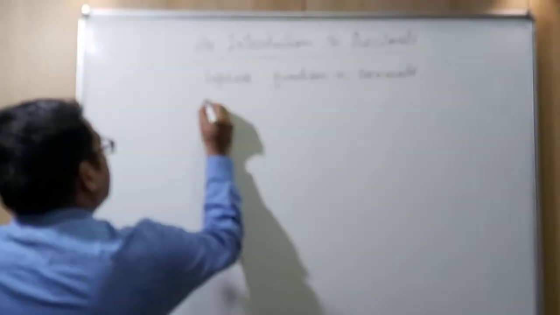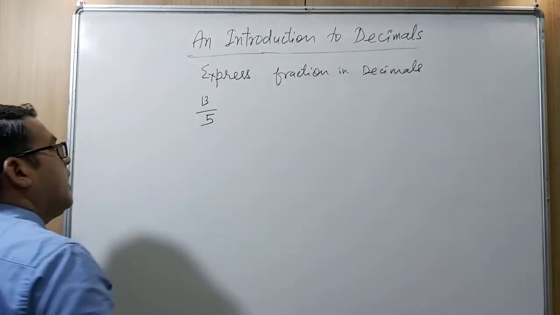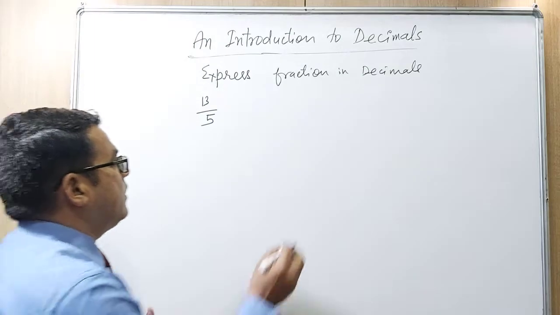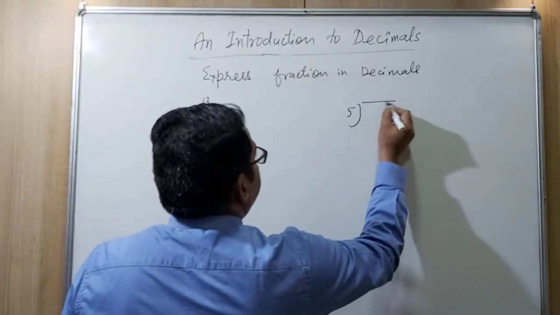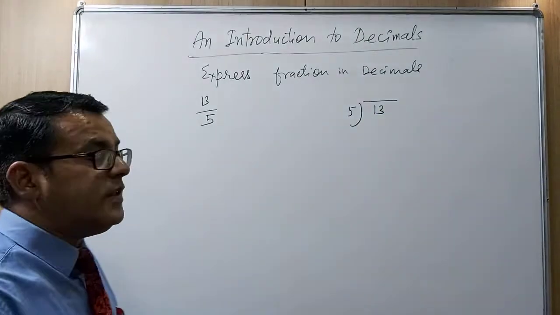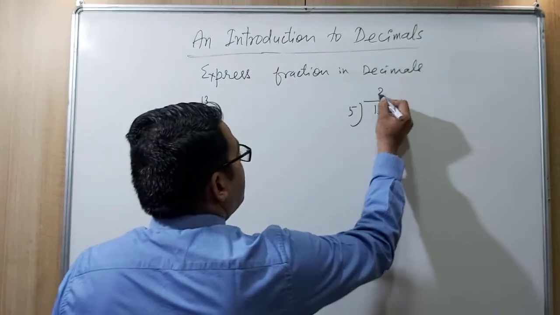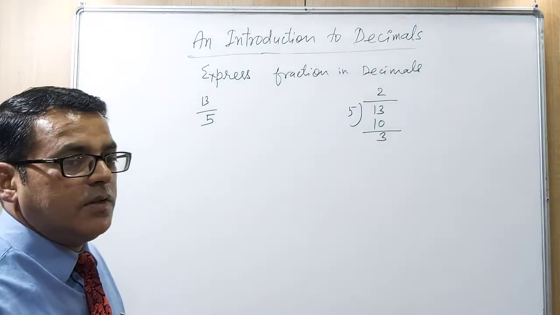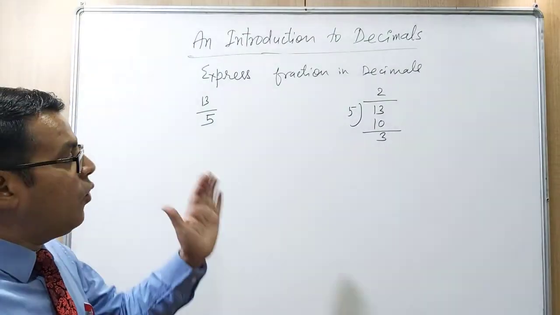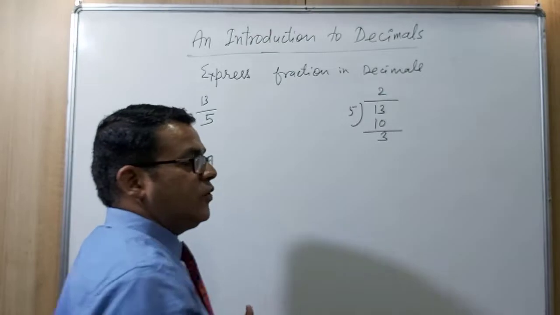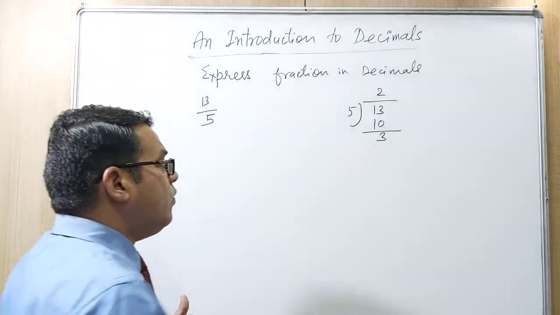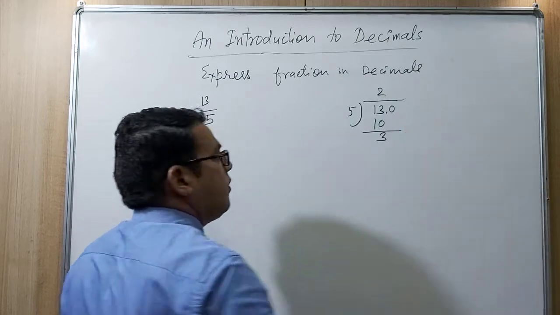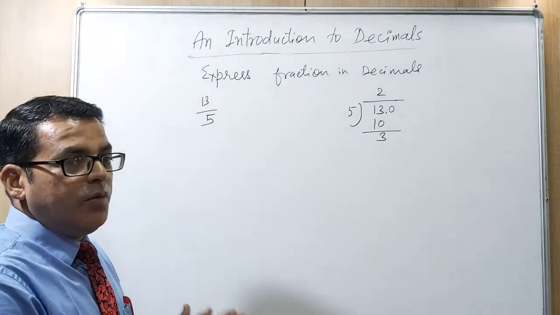Now 13/5, I want to convert this 13/5 into decimals. So how can we convert? Like this. So how many times? 5 2s are 10, we can write here. Now after subtraction we have 3. So what to do now? No digit is here to shift downside. So put a decimal point then 0 on your own.